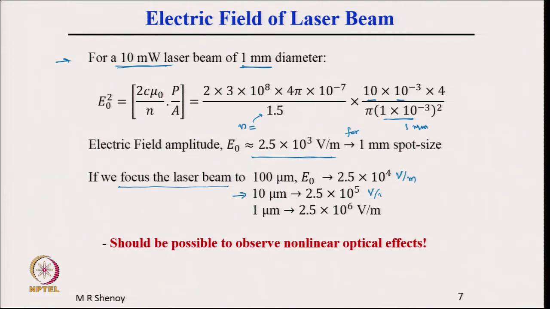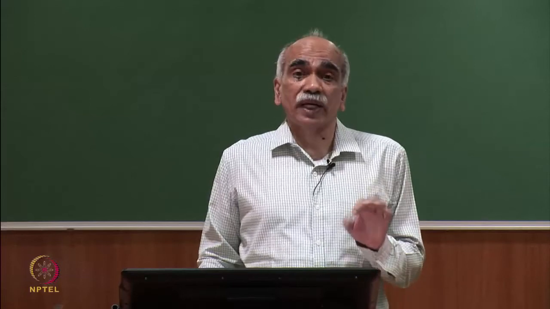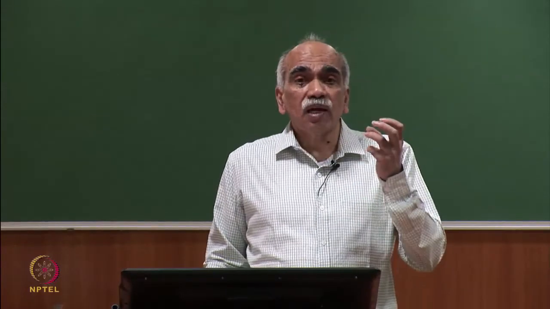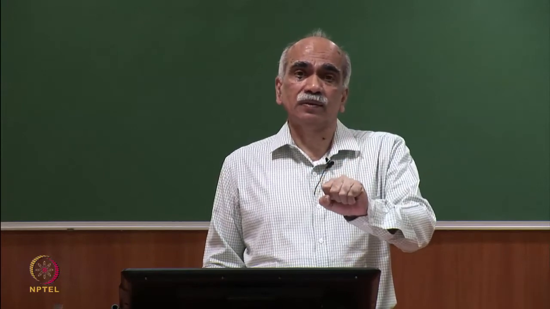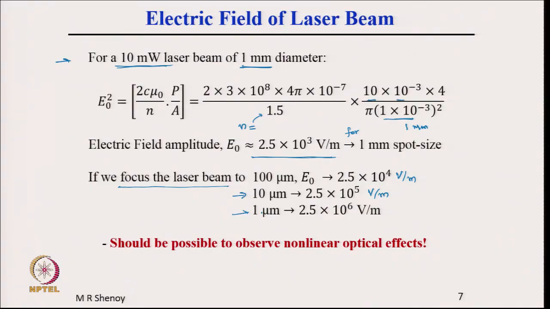And if we still focus it, tightly focus the laser beam to 1 micrometer diameter, it is possible, because if you take a helium neon laser, the wavelength is 0.6328 micrometer, and therefore, you can focus the spot down to the wavelength size, which is of the order of 1 micrometer.